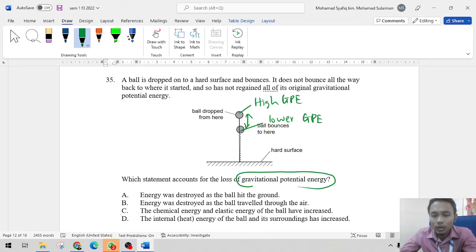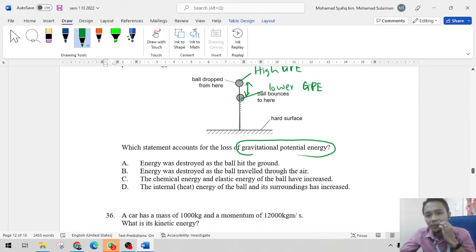So we lost energy. Energy cannot be destroyed, so this is wrong. Energy also cannot be increased. Internal energy.